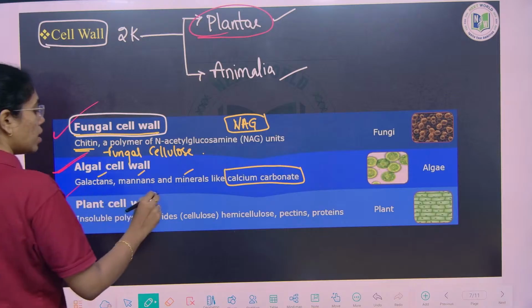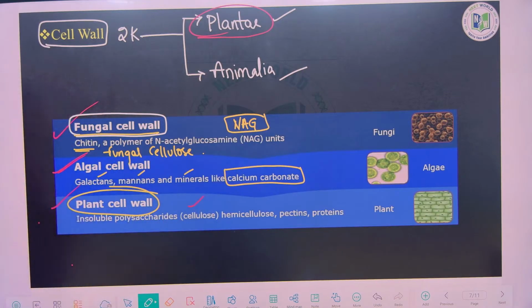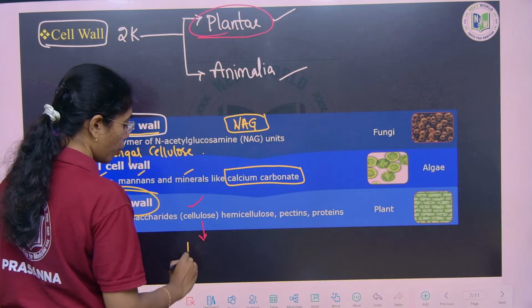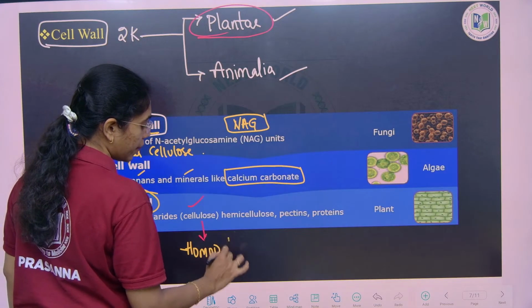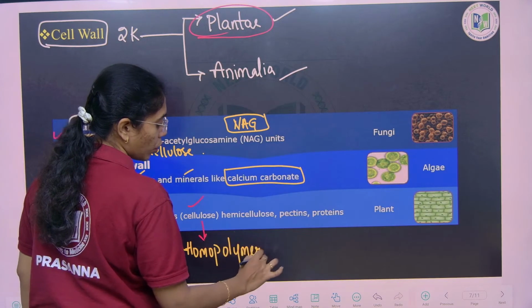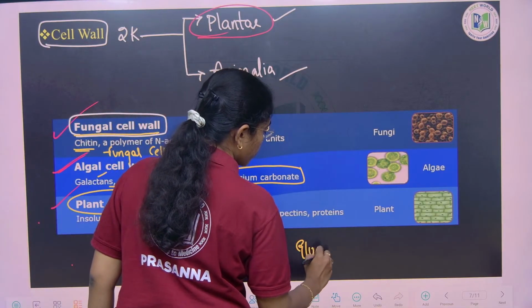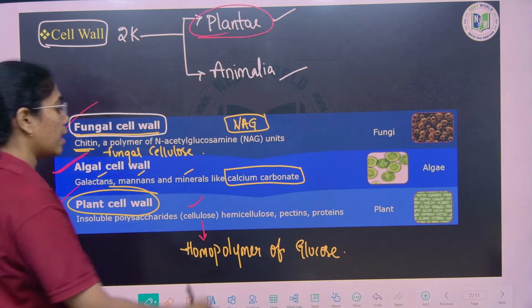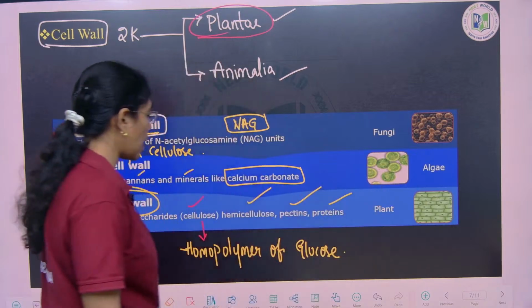Plant cell wall is made up of cellulose, which is an insoluble polysaccharide and a homopolymer of glucose. Cellulose is a homopolymer of glucose, and along with cellulose, hemicellulose, pectins and proteins are present.